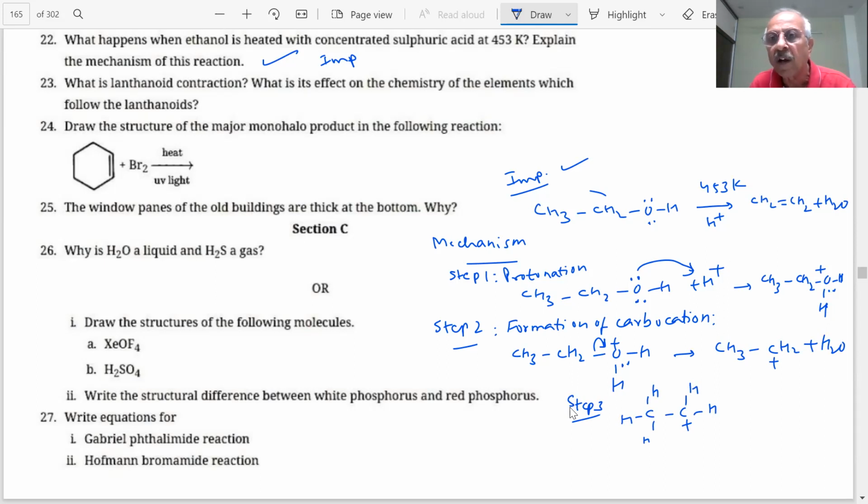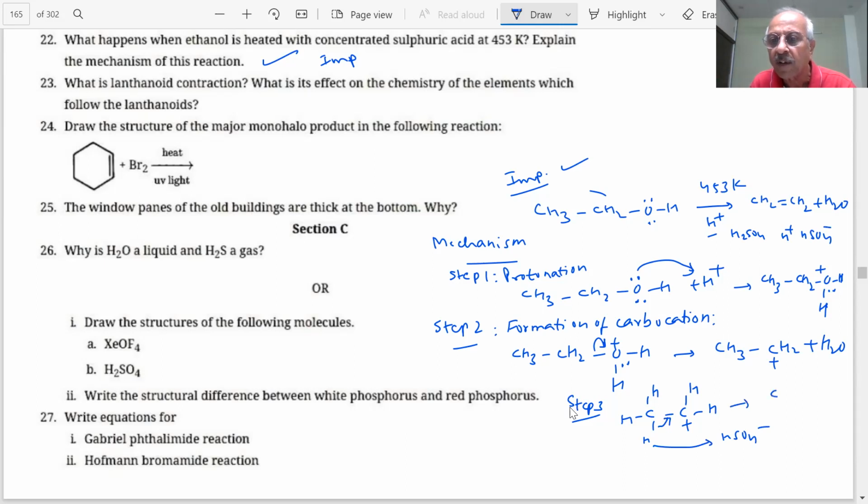You have used H2SO4, which was H plus and HSO4 minus. So what will happen then? HSO4 minus is there in the solution. So what happens, student? This comes and this goes with it.